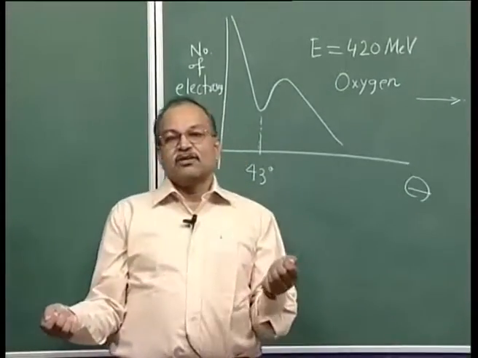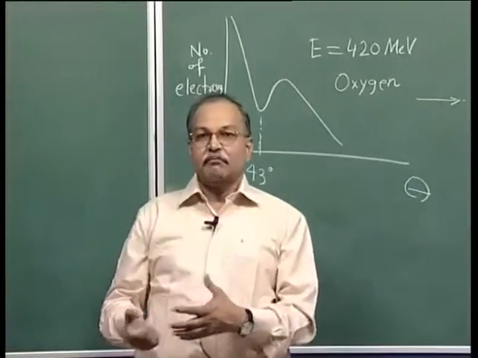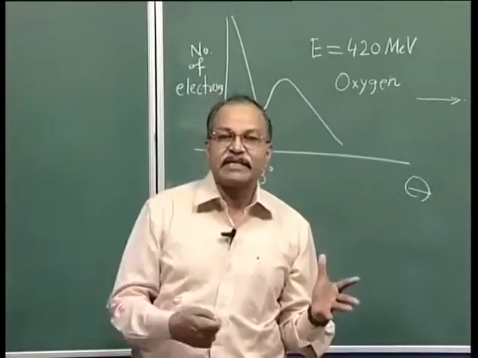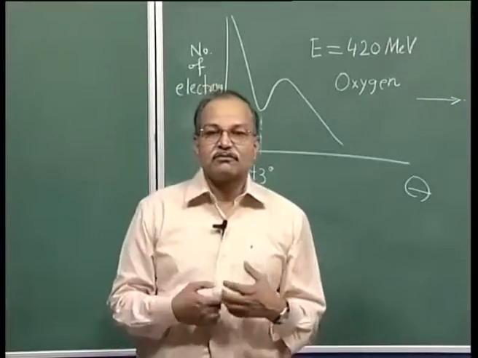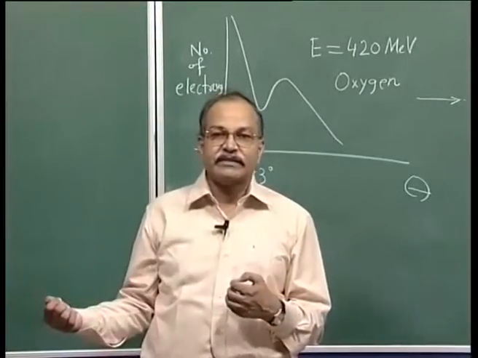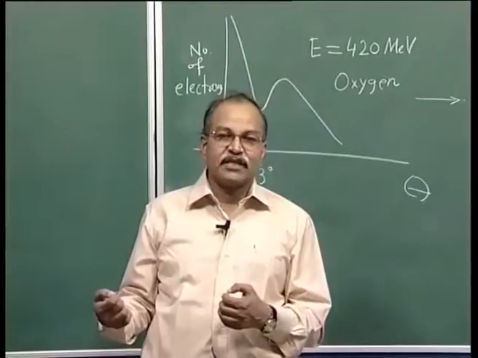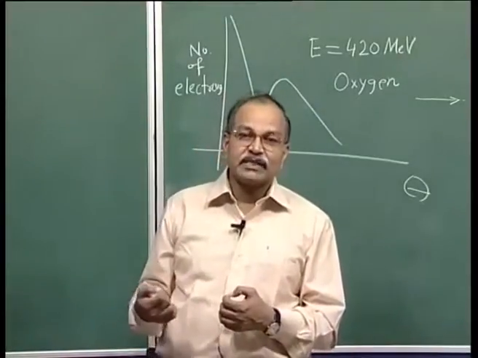If an electron or any object hits a much heavier object, scatters from there, collides and changes its direction, the loss in kinetic energy of that projectile particle is much less.